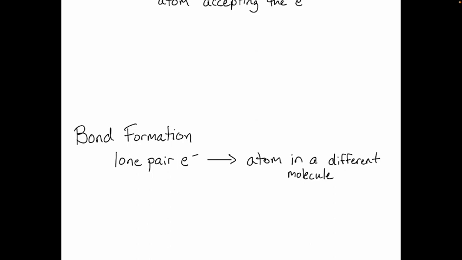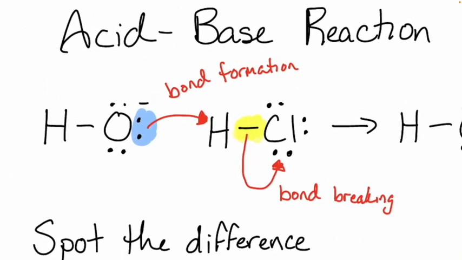Right, so again, if we look at our bond formation here, it starts at a lone pair in one molecule and then points to a different molecule, right? It bridges two different molecules in space there, okay? So that's going to be a bond formation arrow.